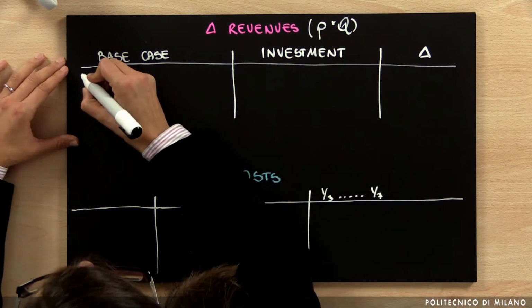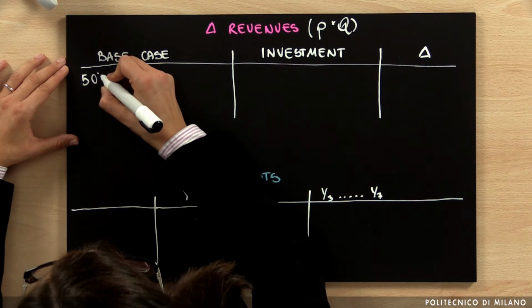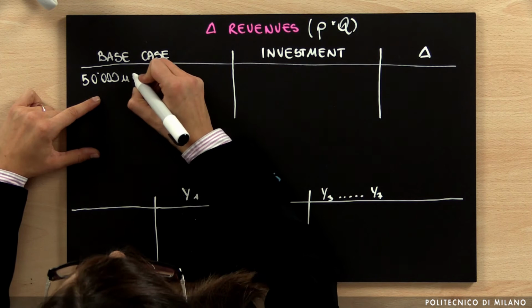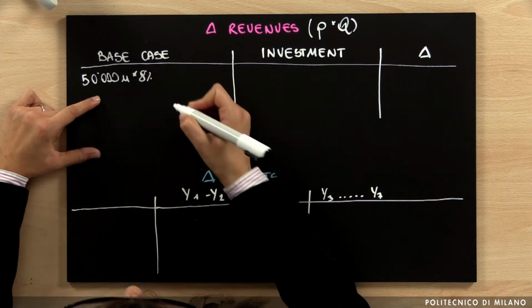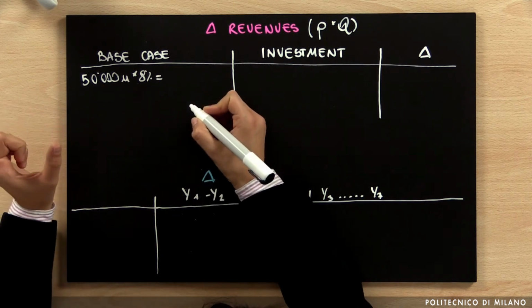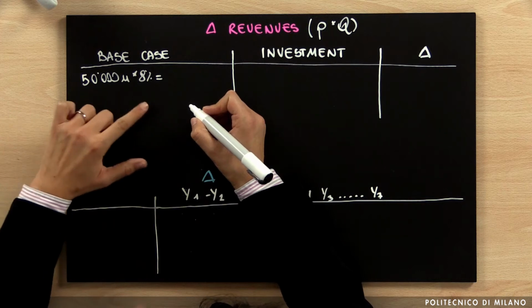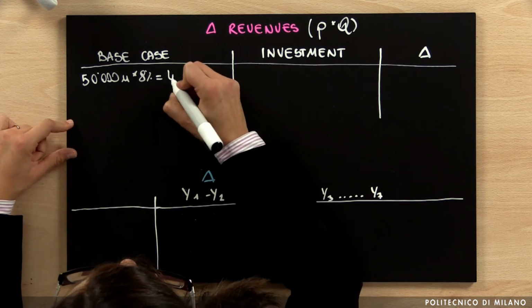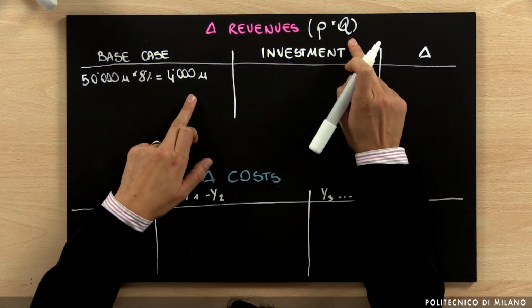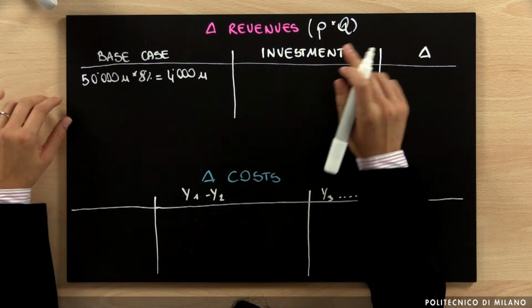We know that the overall market is 50,000 units, and that the company owns 8% of this market. Because of this, we can identify the number of units that the company is able to sell every year. If we multiply this, we obtain 4,000 units, which is the quantity that the company sells without the investment.